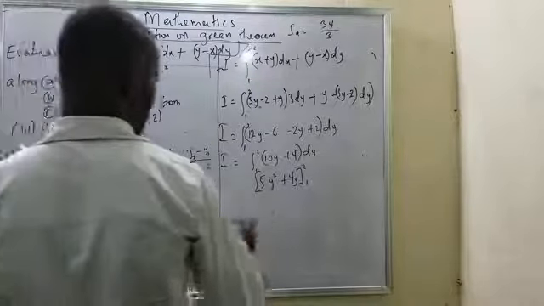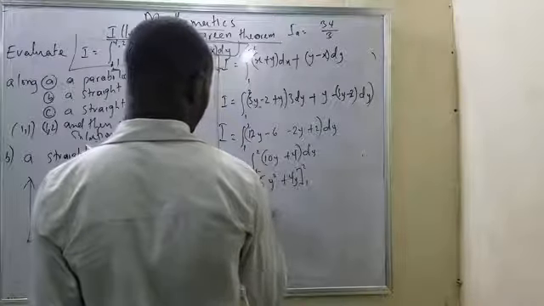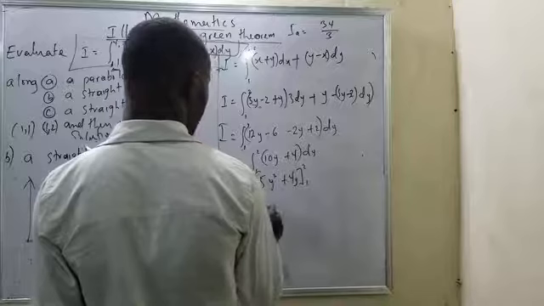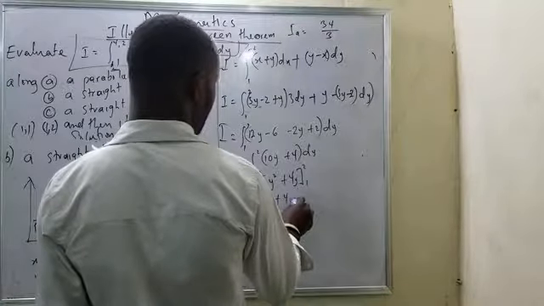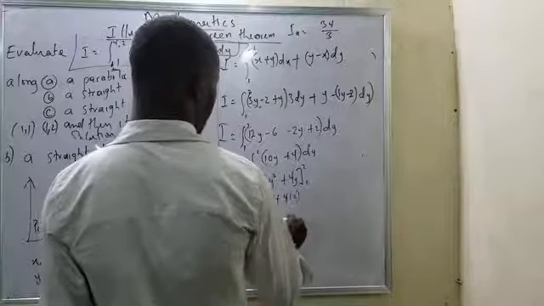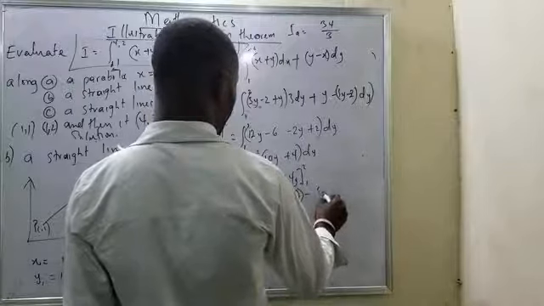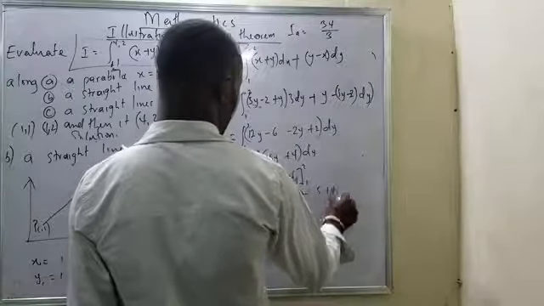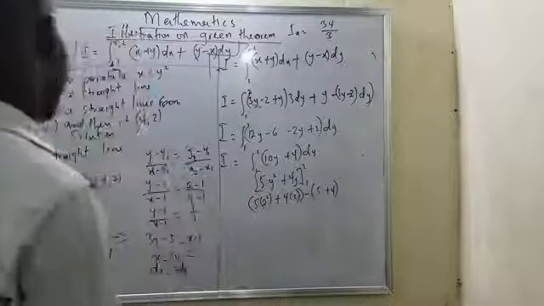Normally I'll have 5 bracket of 2 squared plus 4 bracket of 2, minus 5 plus 4. Now this is 8, 4.